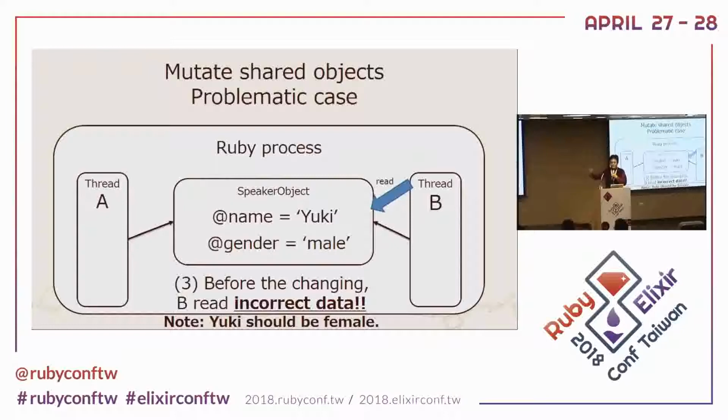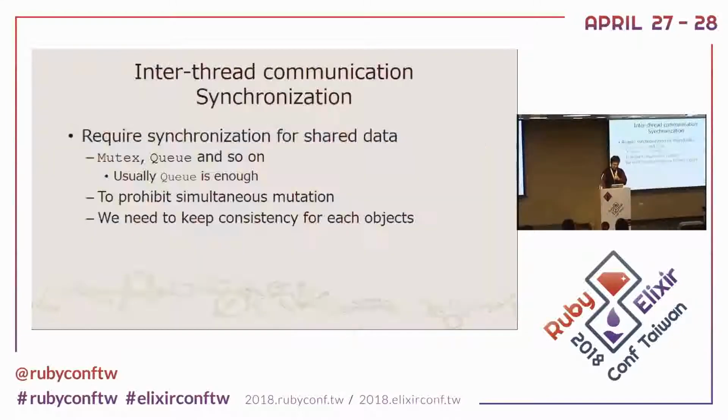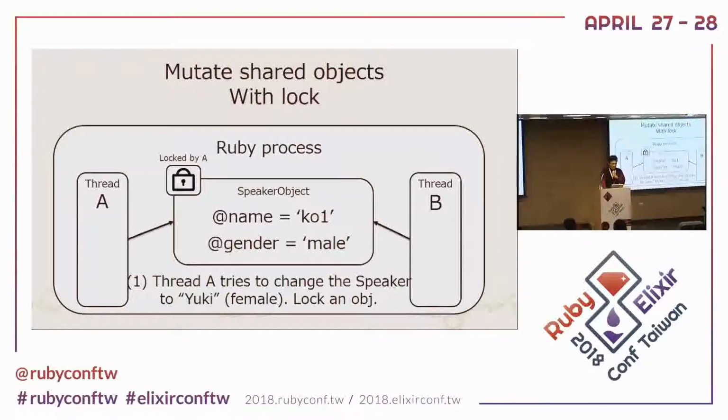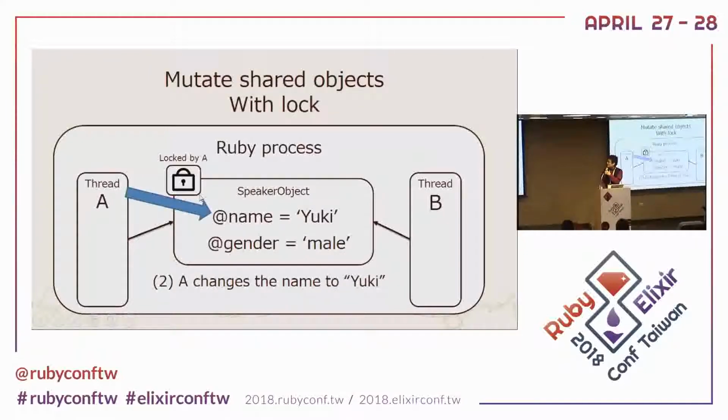To avoid such a critical issue in thread problems, we need to introduce some synchronization features, like mutex or queue, something like that. So using a mutex lock, before changing this object, we need to lock it by A and change the name.